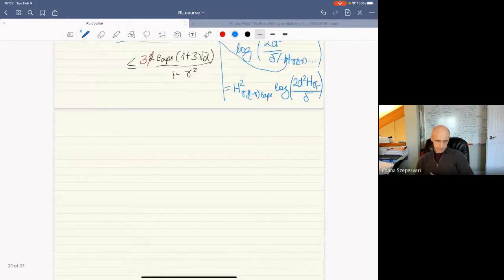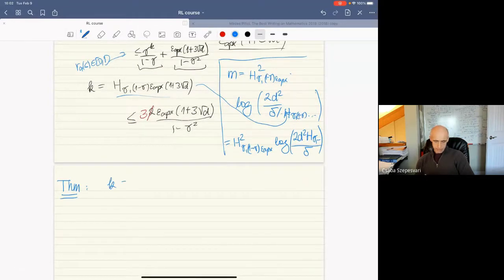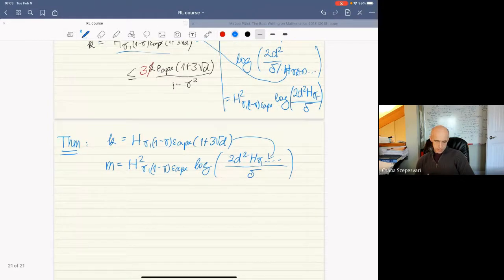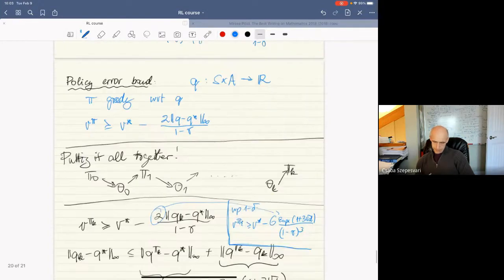Okay, copy it here. The theorem is going to be that if I choose k as above, so it's the effective horizon, this approximation level, and I choose m, the number of rollouts, as shown above, and I choose H to be, that was just, where was it?